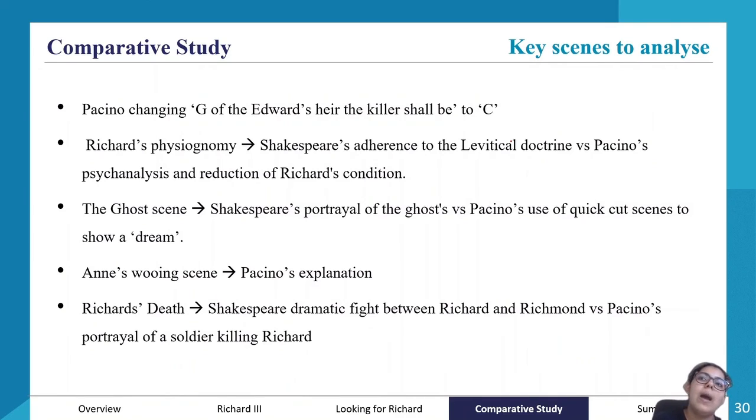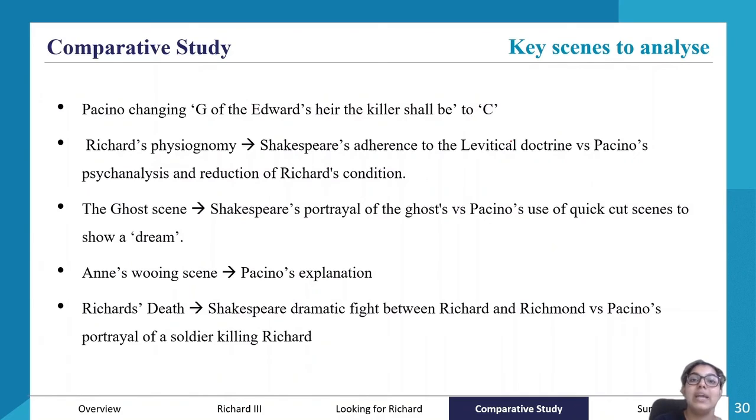And the Anne wooing scene, think about Pacino's explanation, because that's one place where you could think about a resonance between the two plays. Shakespeare shows her as weak and falling for Richard's trap. Pacino explains that he wants someone young, someone who's going to fall for his rap, someone who will believe him. He says she has no husband, no protector, no future. So there's a resonance in the way they both marginalize Anne's character.